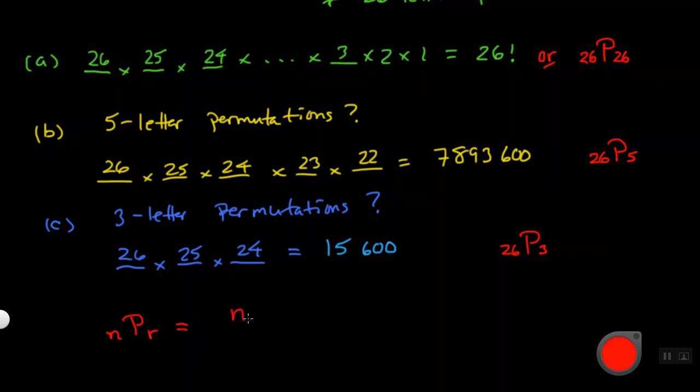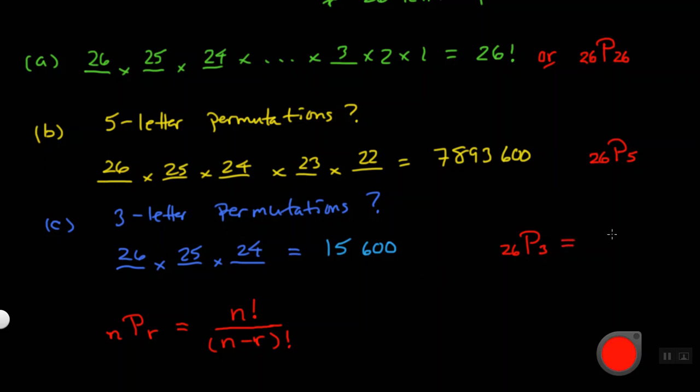It's going to be n factorial on the top, all the way down in the bottom, we have to put an n minus r factorial. So believe it or not, this is a formula that just summarizes what we've been doing throughout these last couple of examples.